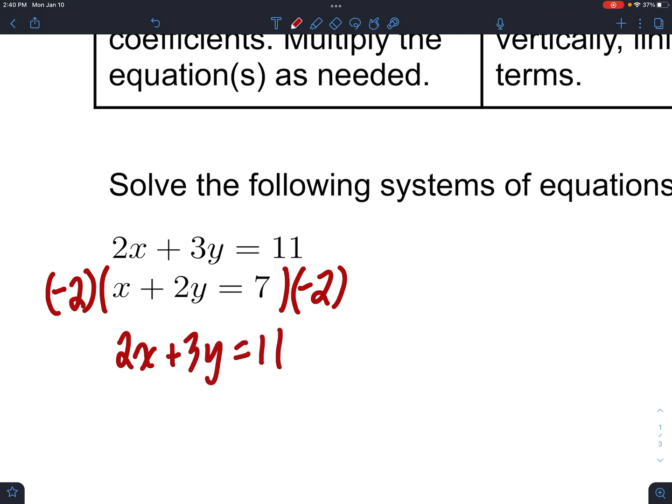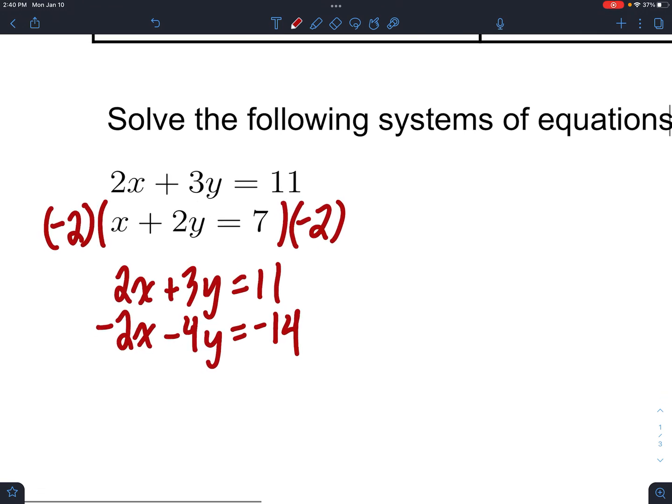The top equation is unchanged, but for the bottom equation, I'm going to distribute the minus. And that's that. Now we have opposite coefficients, we'll call them, the 2 and the minus 2, right?